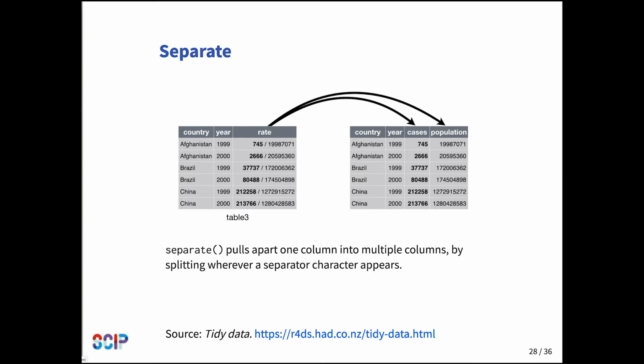So in that rate column for table 3, the special character is a slash. Depending on the data, it could be a full stop, a comma, a hyphen, whatever, but it will split the rate cell and send that to two new variables or columns that we choose.